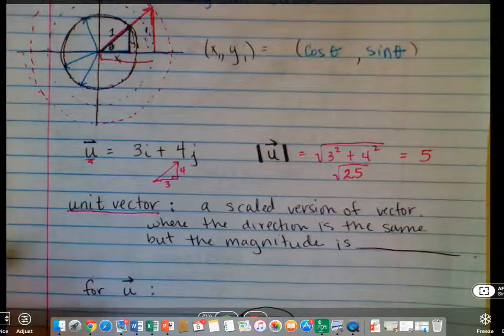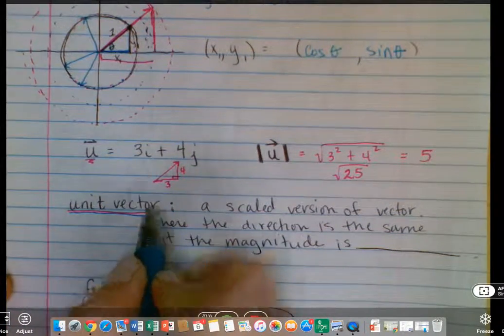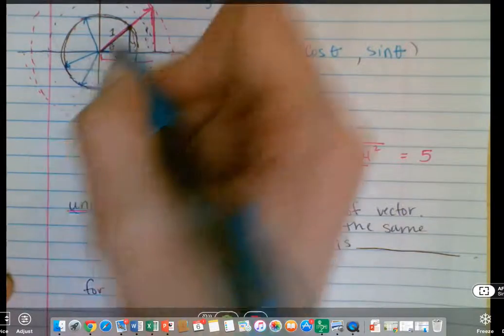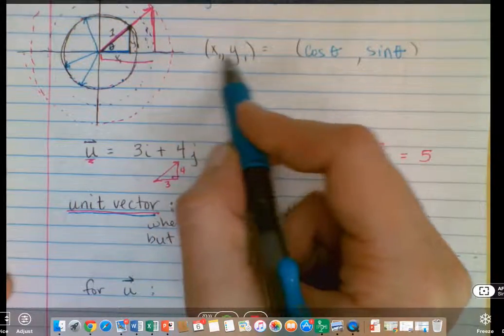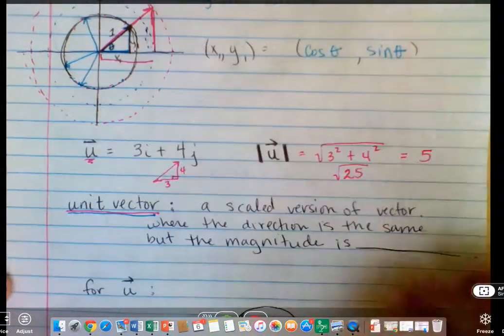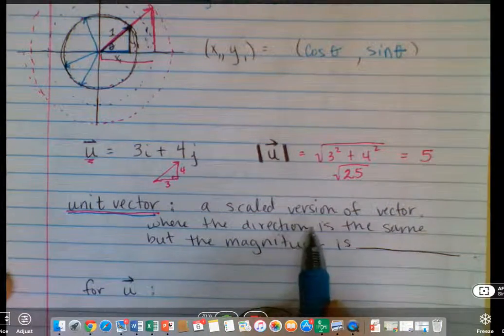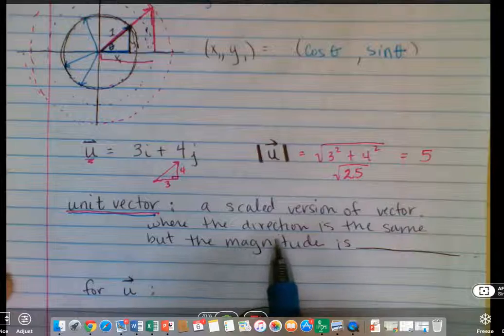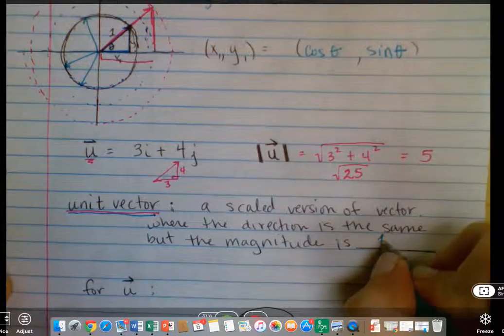So what I'm going to do is talk about those as unit vectors. All of these blue ones up here would be considered unit vectors. If x, y were the components right here of a vector, then they would also be a unit vector. So a scaled version of a vector where the direction is the same but the magnitude is 1.